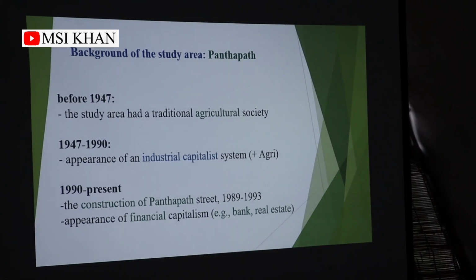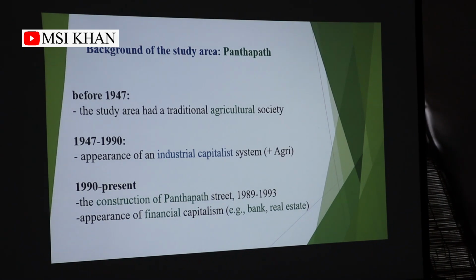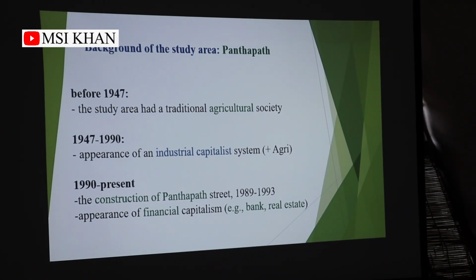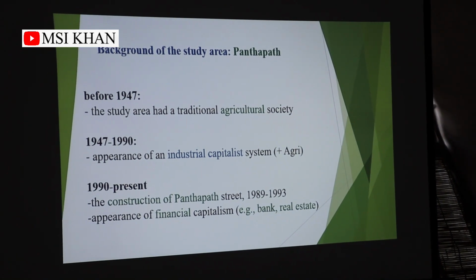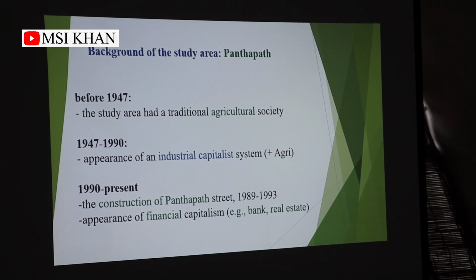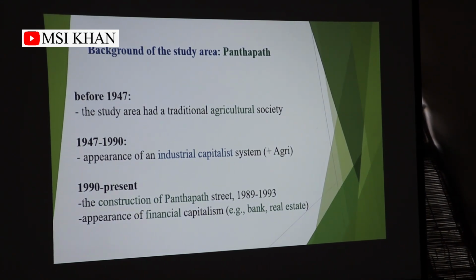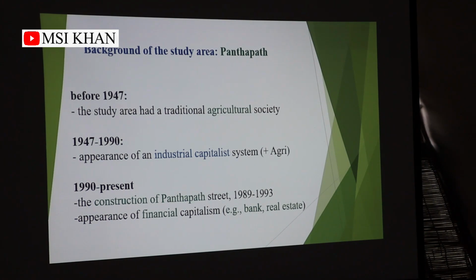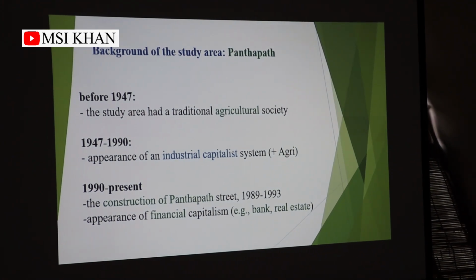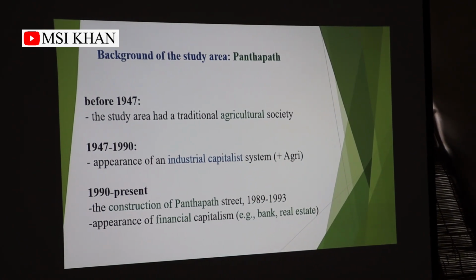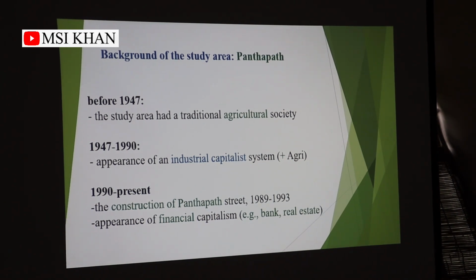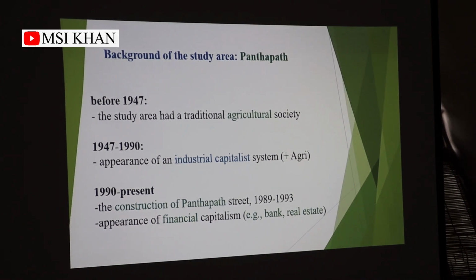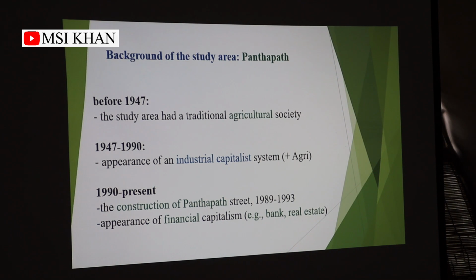Then from 1947 to 1990, there was the appearance of capitalist sectors, I would say industrial capitalism, as well as some agricultural activities. But after 1990, there was no agricultural activity. It is a big shift from here.